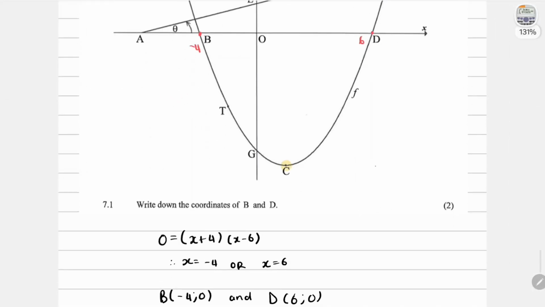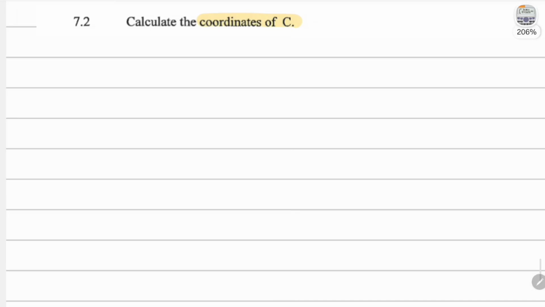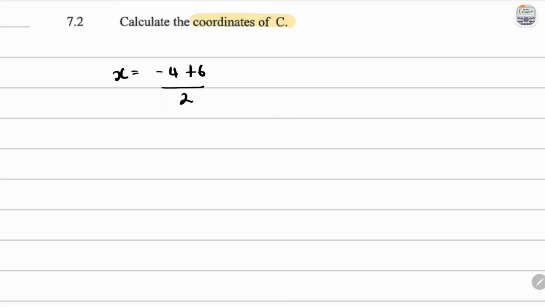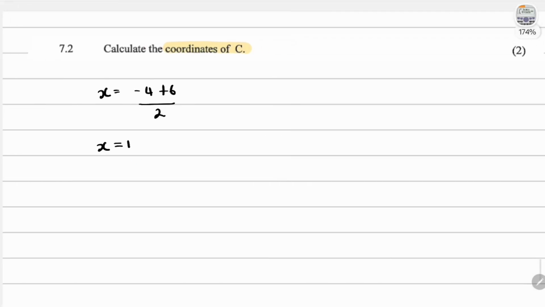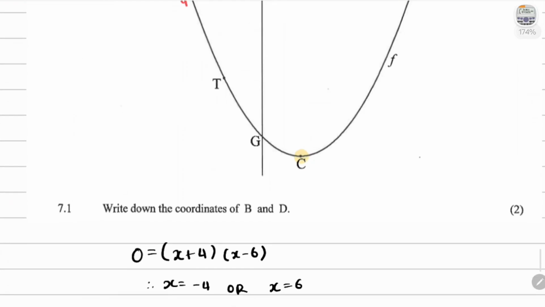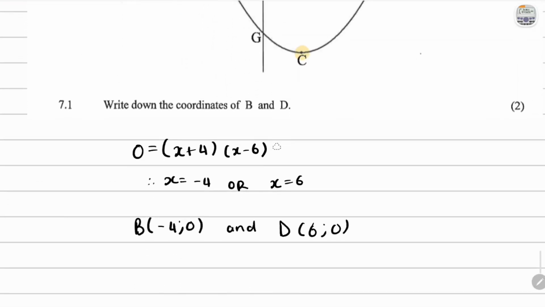Okay, so we can just use that. To find the x value, we'll say negative 4 plus 6 over 2. That will find the midpoint of that x value. So that's 6 minus 4, which is 2. 2 divided by 2 is 1. So the x value is 1. And so to find the corresponding y value, we can substitute 1 into our parabola.